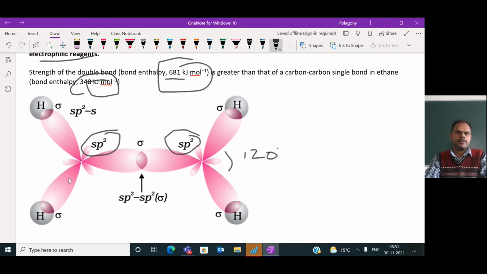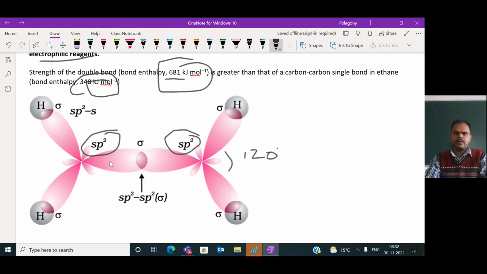Each carbon has three sp2 lobes, and for each carbon there is an unhybridized p orbital present. The sp2 hybrid orbital of carbon overlaps with the s orbital of hydrogen to form a sigma bond, such that four sigma bonds are formed between carbon and hydrogen.